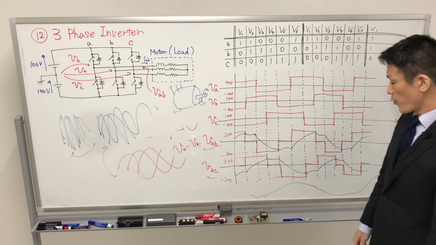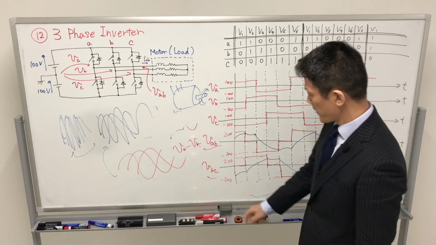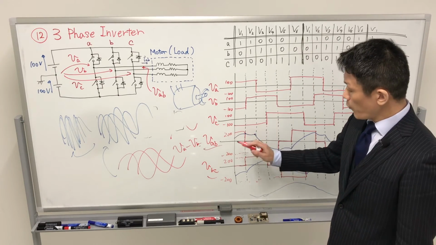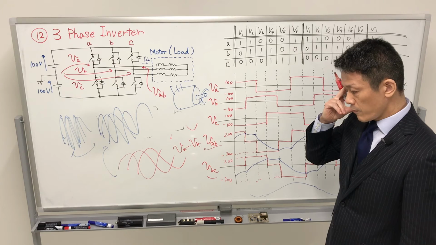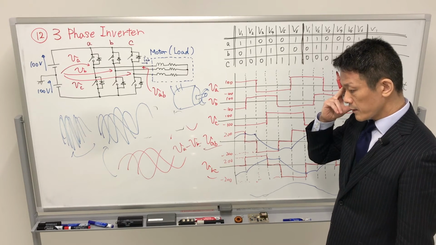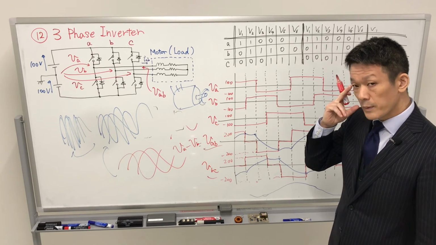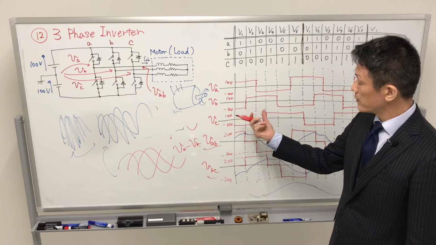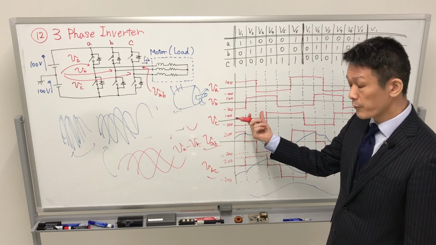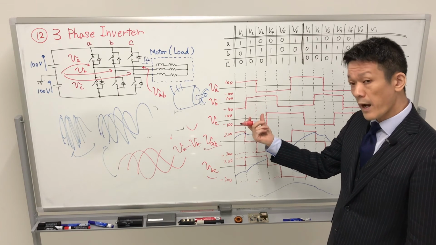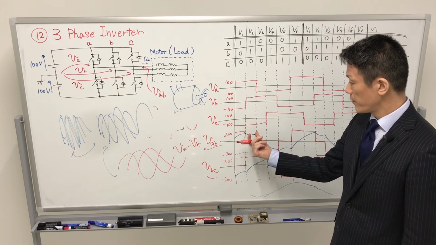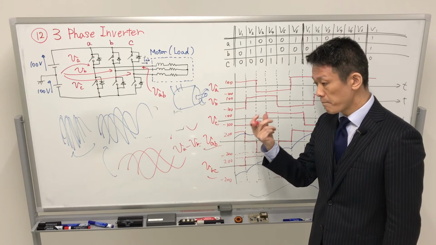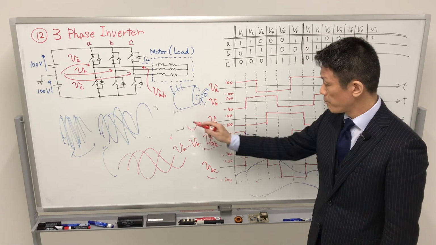And in the real three-phase inverter, the switching can be understood through the DC-DC converter discussion. In power electronics, the switching timing is controlled using pulse width modulation, PWM.